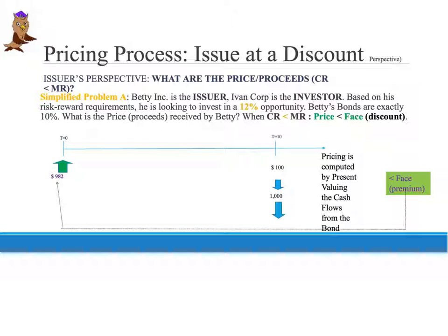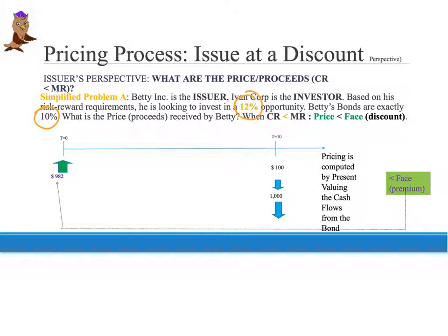And then there's the scenario of issuing a bond at a discount. Same discussion here as before. The bonds are still at 10%, but now Ivan, the investor, requires 12%. So the investor may not be attracted to Betty's bonds because he can get 12% someplace else.